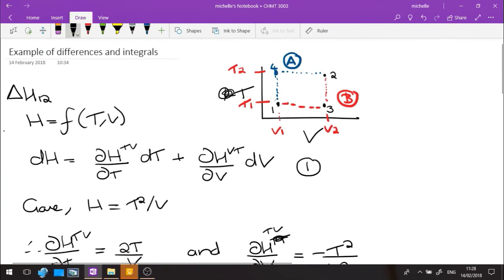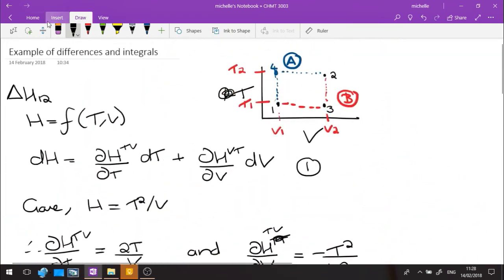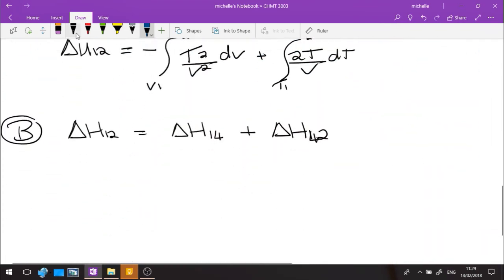So 1 goes to 4 and 4 goes to 2. Sorry, I named it wrong. This was supposed to be path B, and this is path A. Whatever, as long as we're following the numbers, we're still fine over there.